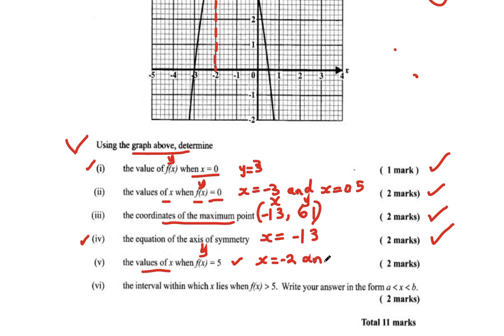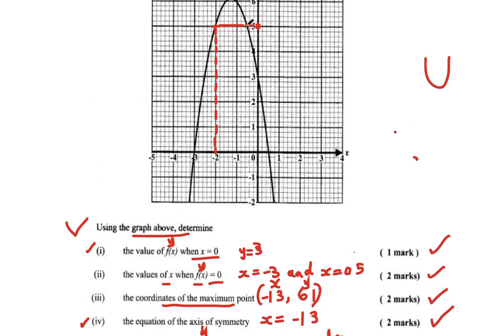Let's determine the other x value. The other x value would be at this point. So let's go down from this point as straight as possible to see where it hits the x-axis.